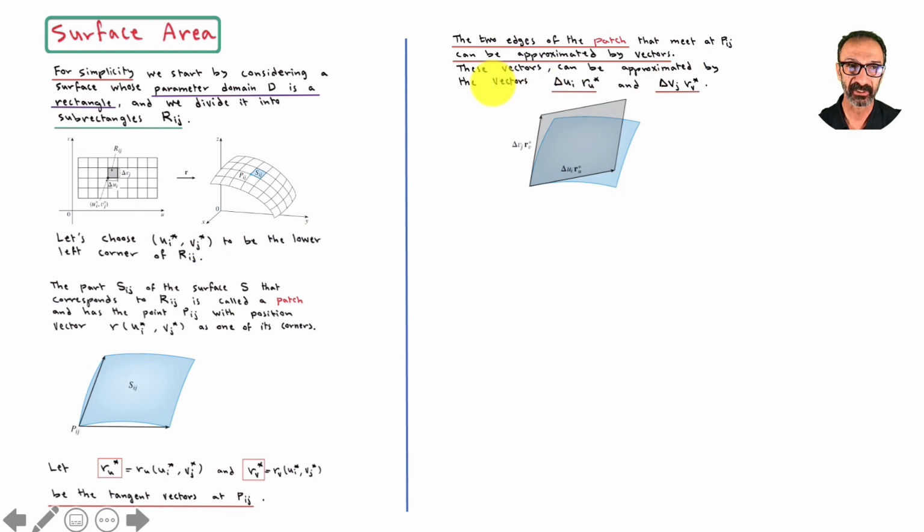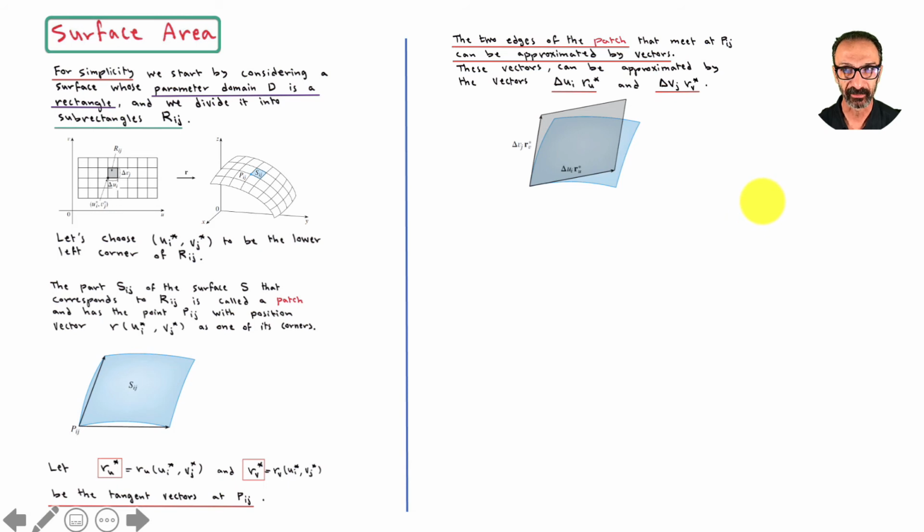They can be approximated by the two vectors delta u sub i times r sub u star, that's this one right here, and delta v sub j times r sub v star. So this vector and this vector. Notice that this is a gray parallelogram.